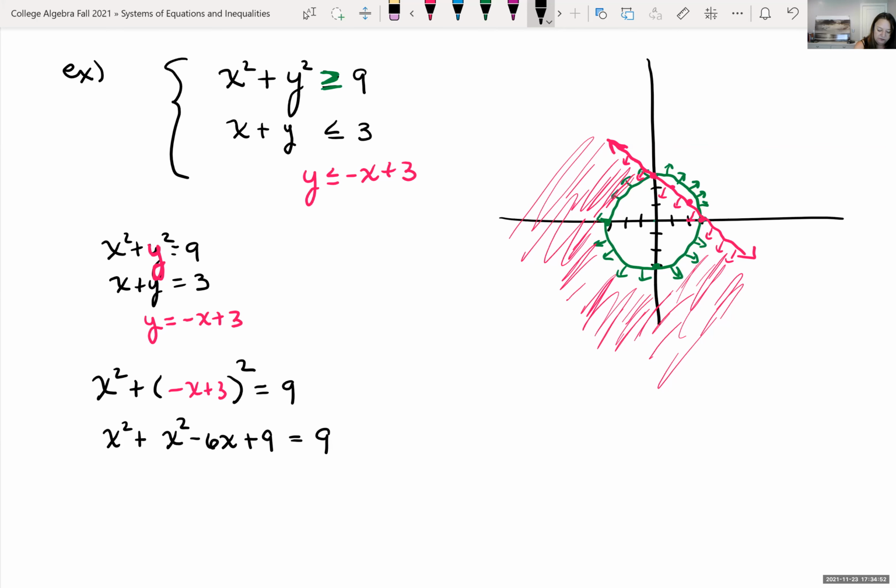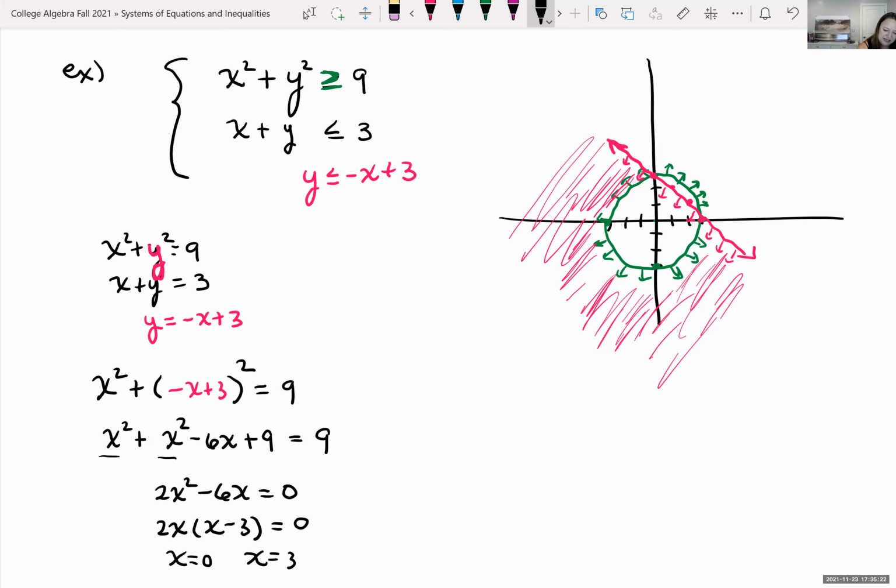This is a quadratic equation, so we set it equal to 0 and subtract 9 on both sides. The 9s cancel, and we combine like terms: 1x squared plus 1x squared is 2x squared minus 6x equals 0. We can factor out a 2x from both of those terms. So this is when x equals 0 and when x equals 3.